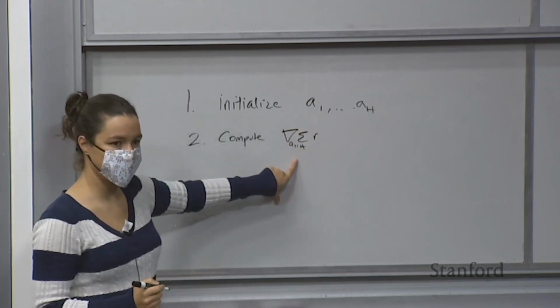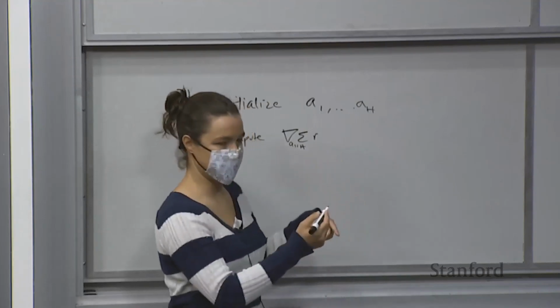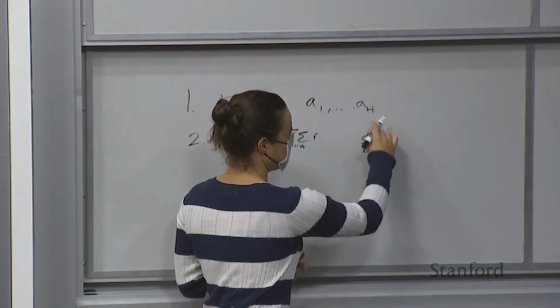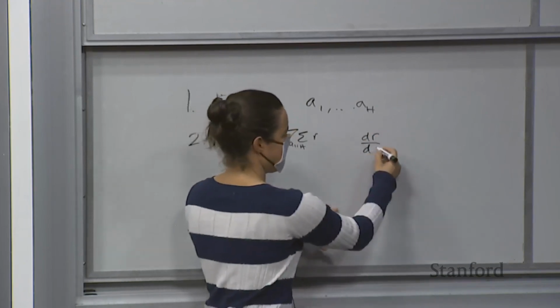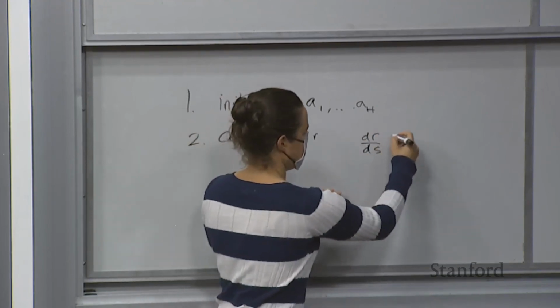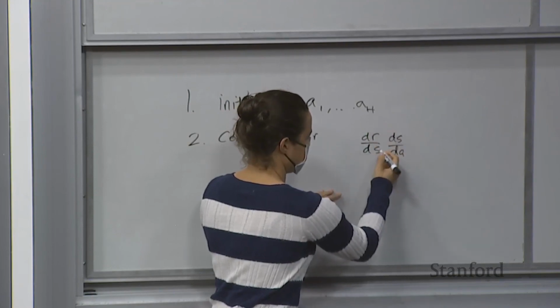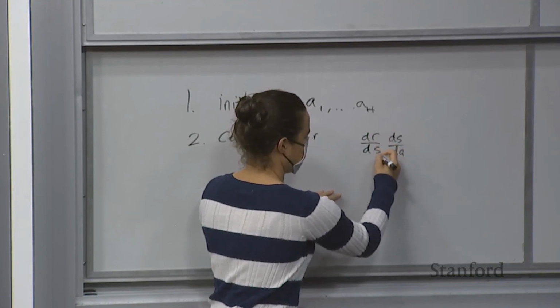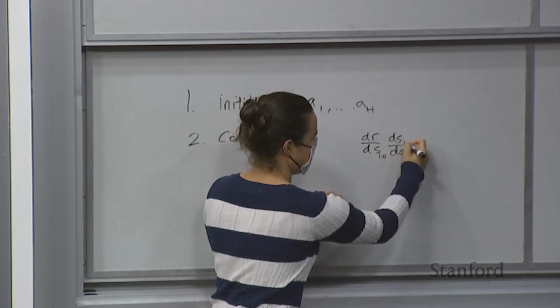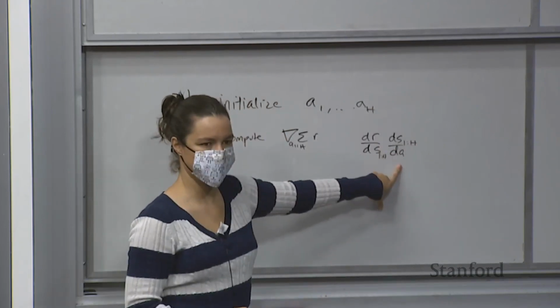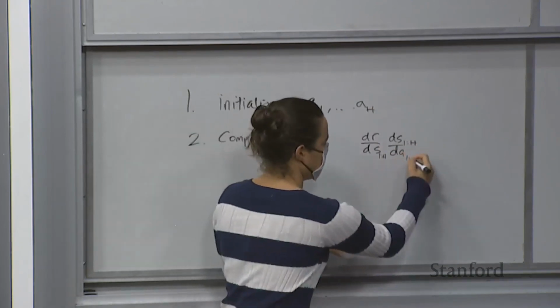The way that you can compute this is with the chain rule, where you use dr/ds. I'm going to assume that the reward only depends on state for now. I guess this is technically dr/ds for all of the time steps, s1 to h. And then you're going to take the gradient of this with respect to your actions, 1 to h.